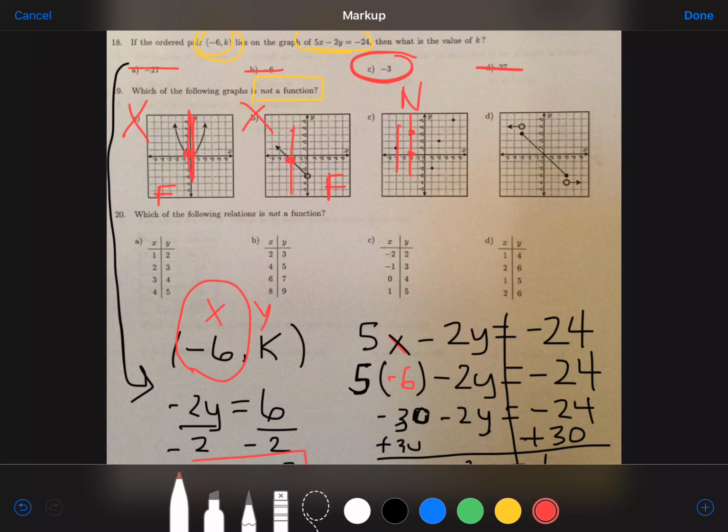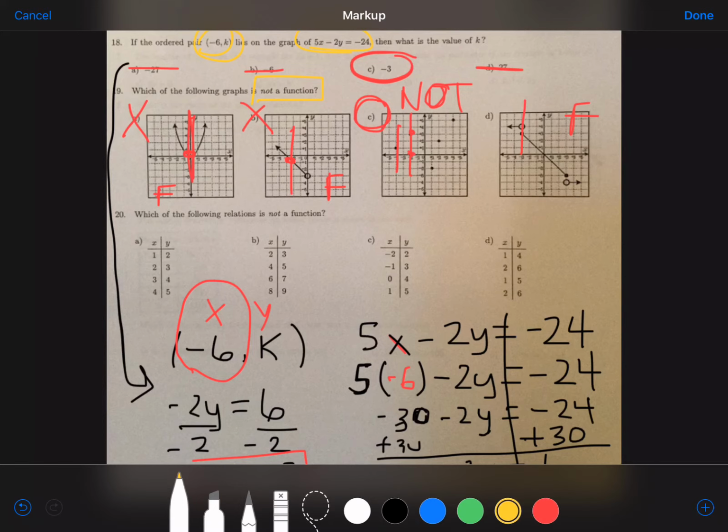That one is not a function because that vertical line went through more than 1 point. So obviously the answer is C. D is kind of weird, and we haven't really talked about having open and closed circles in the same line. But there, the open and the closed kind of cancel each other out. So that one actually is a function. Go ahead and label that F for function.